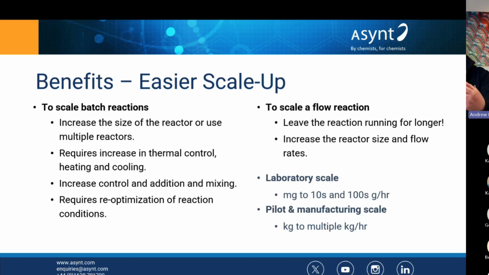And then we're looking at those pilot and manufacturing scales. We're looking at kilograms or multiple kilograms. And there is a lot of API manufacturing occurring at the moment where continuous manufacturing is becoming more of the norm. But that can be applied across most chemical industries.